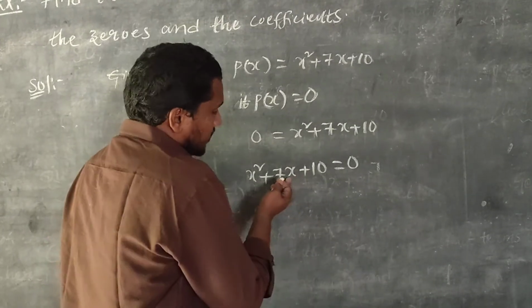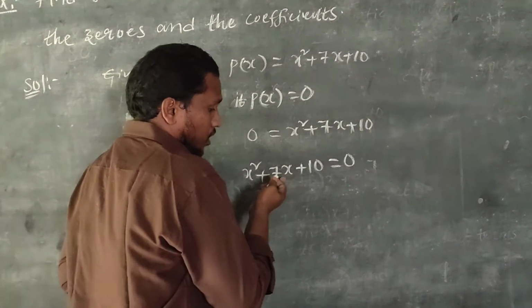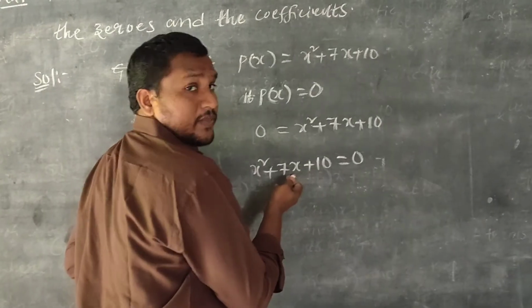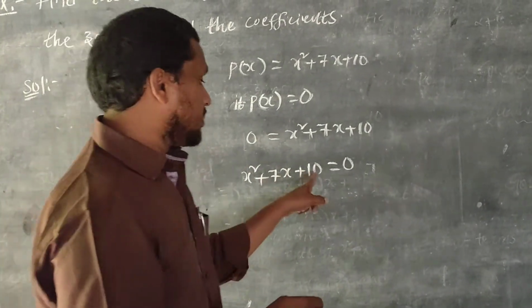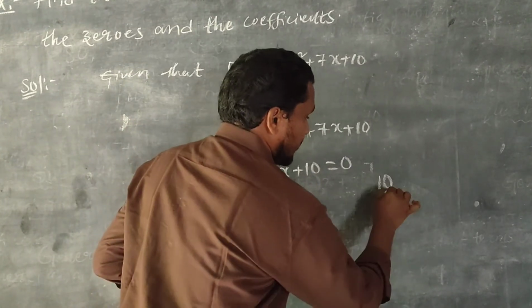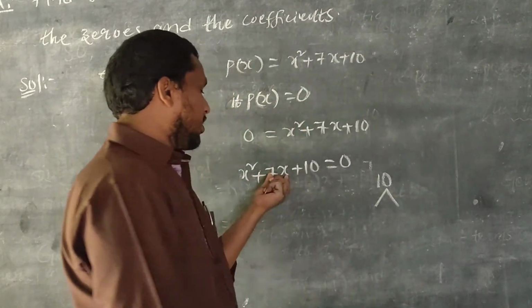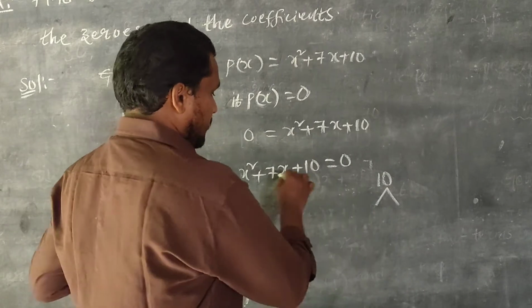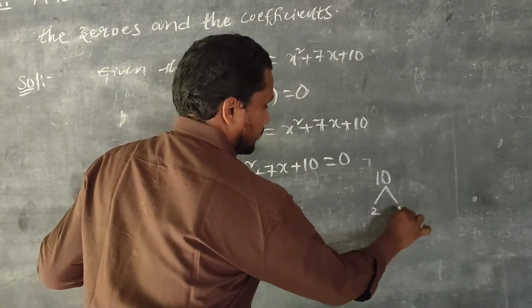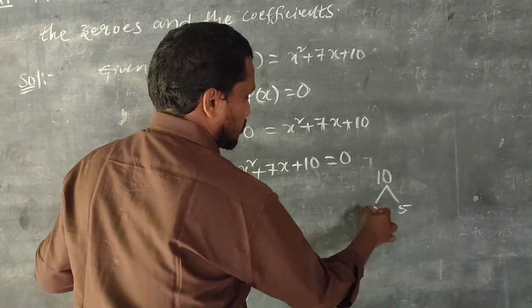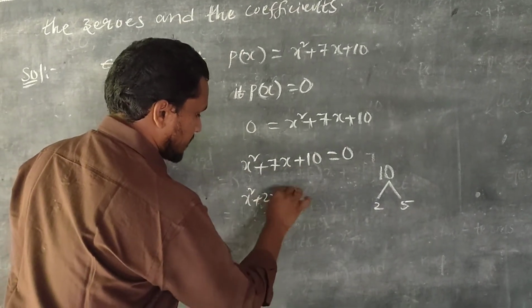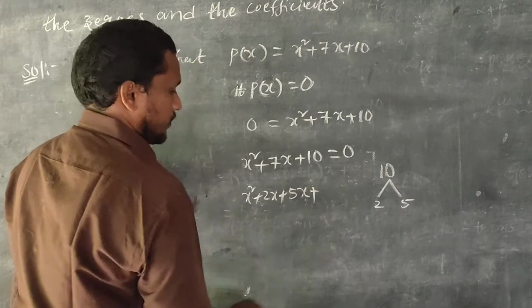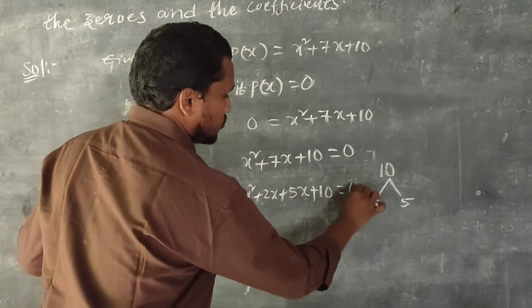Here in the quadratic equation, we use splitting of the middle term. What is the constant value here? 10. Write its factors for splitting the middle term. What are the factors? 2 and 5. 2 times 5 is 10, and 2 plus 5 is 7. So x square plus 2x plus 5x plus 10 is equal to 0.